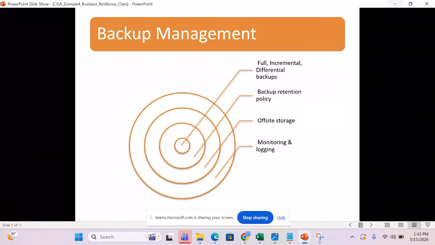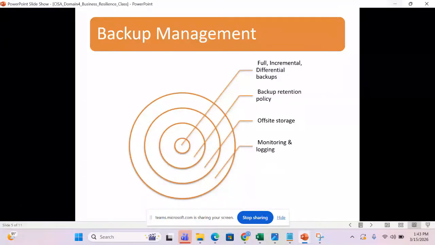The 1 means keeping at least 1 backup file offsite. It means that I must keep 1 backup file offsite. So that is a 3-2-1 backup strategy. The 3 means 1 backup and 2 copies of data.